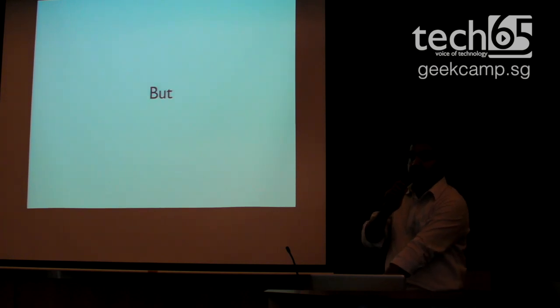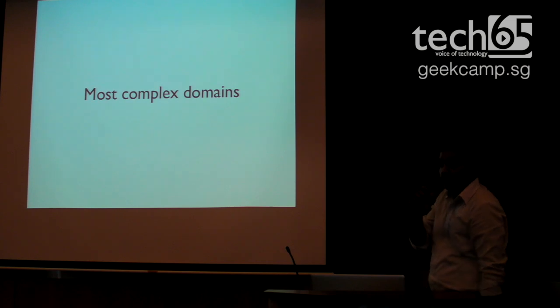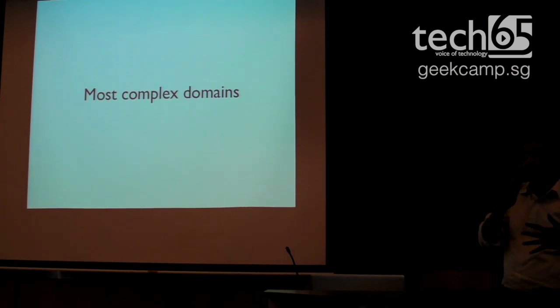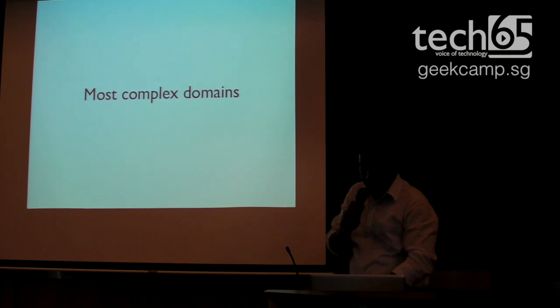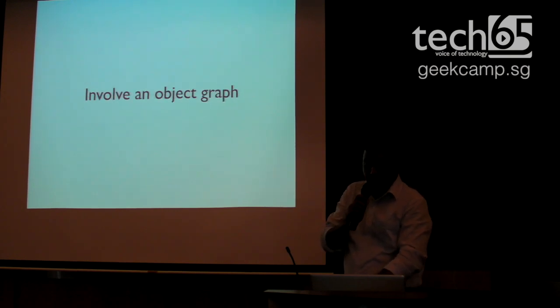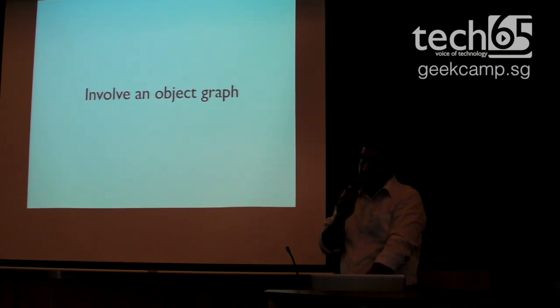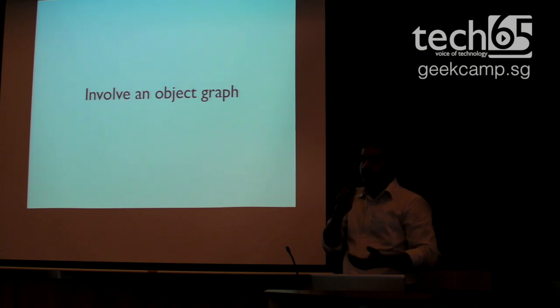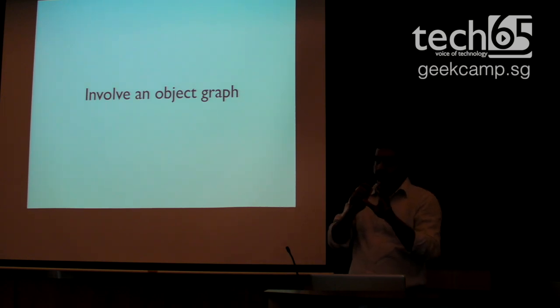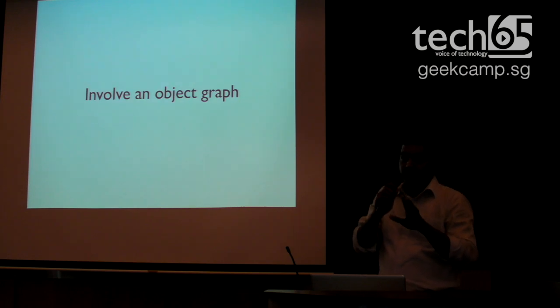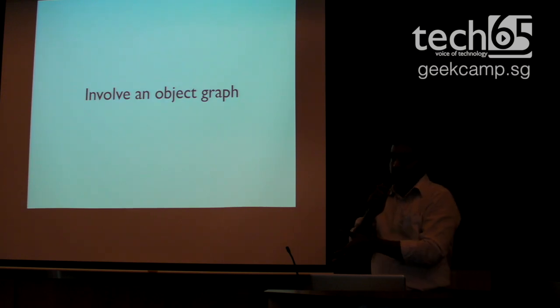Okay, but the interesting thing is most complex domains, and if you're developing any kind of application that involves a domain that's interesting, you usually talk about an object graph. And one of the things that you may have noticed is that, especially in the code examples, there's not too much of what you would call an OR mismatch between what you're modeling and what the graph actually looks like.